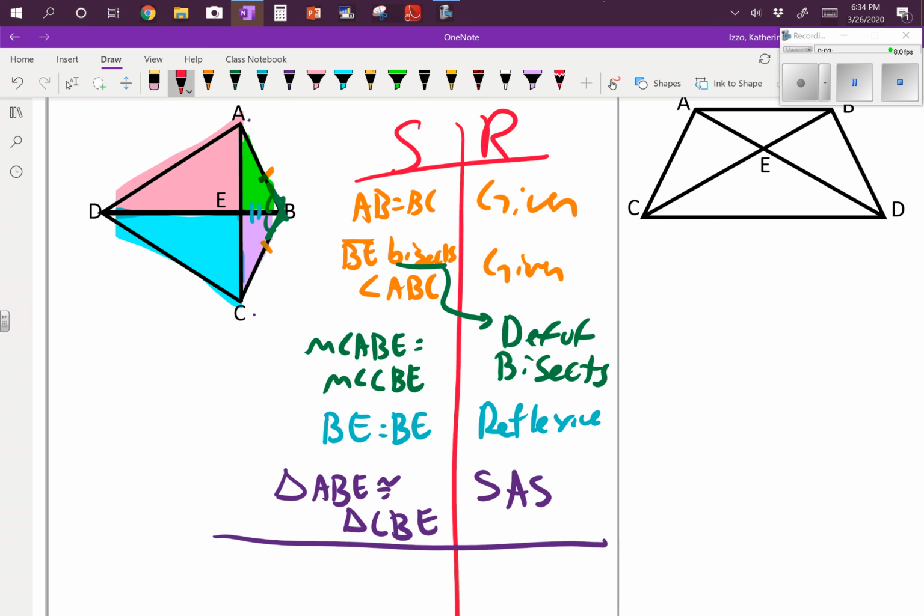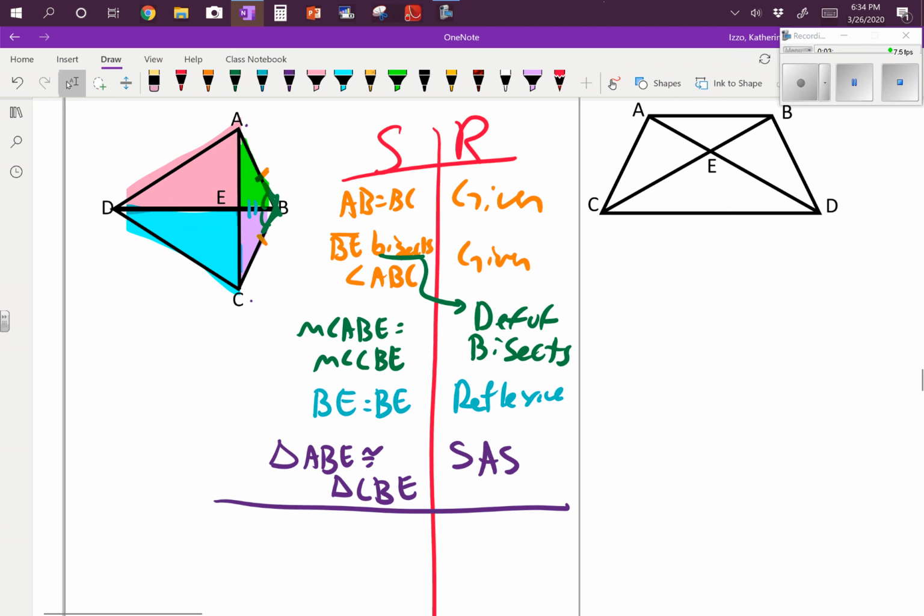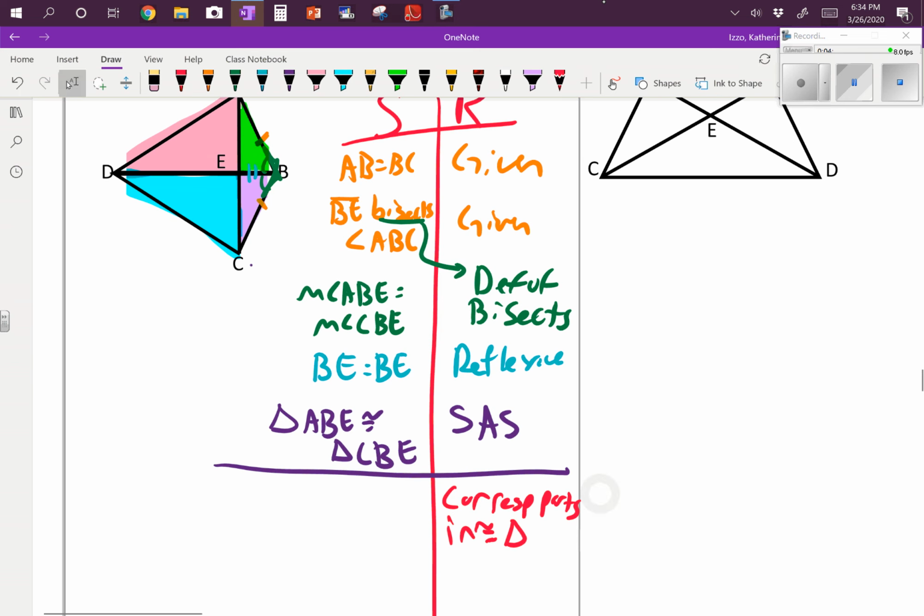Okay? So now we have proven the green and the purple triangles congruent. Now that we have done that, we can start on the pink and the blue. So to get the pink and the blue, we've got to do corresponding parts in congruent triangles are congruent.